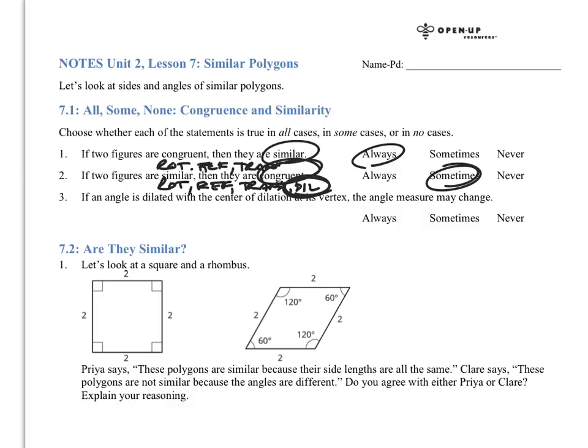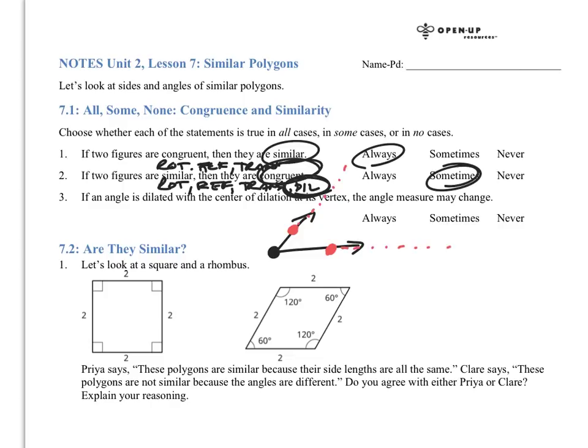And then for the last part here, a little bit different thinking. If an angle is dilated with the center of dilation at its vertex, here's an angle and here's the center of dilation, it's asking whether the angle measure may change. If we were to dilate a point, for example, that's on one of the sides of the angle, that point would just continue on that side of the angle, as would the other.